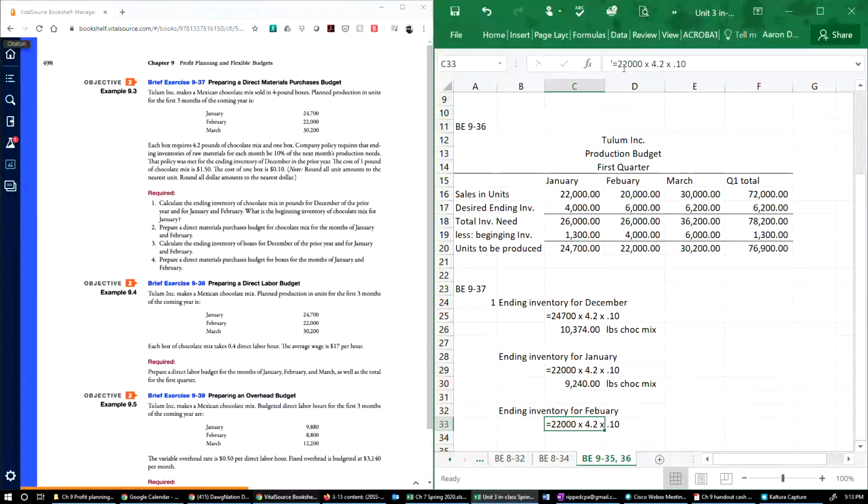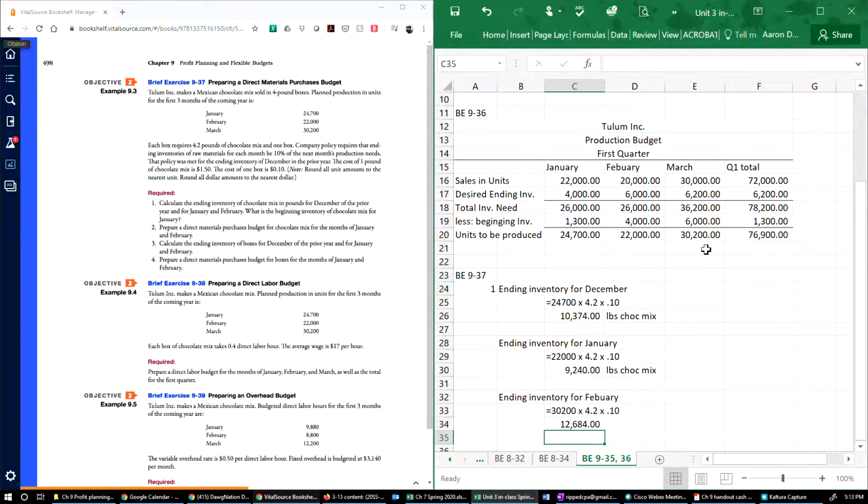12,684 pounds is the ending inventory for February.